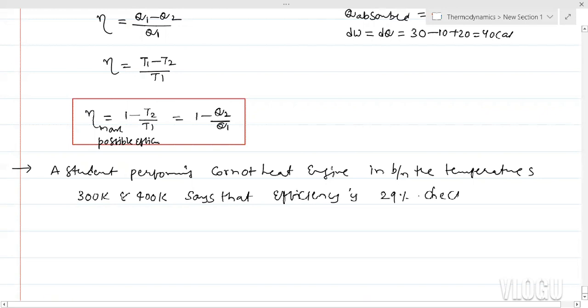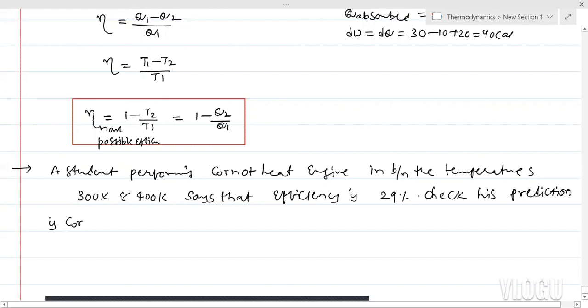Check whether his prediction is correct or not.